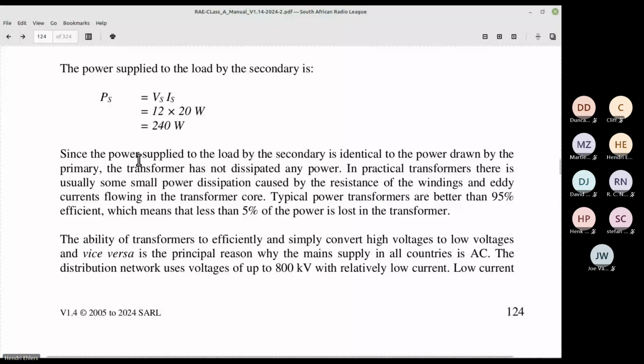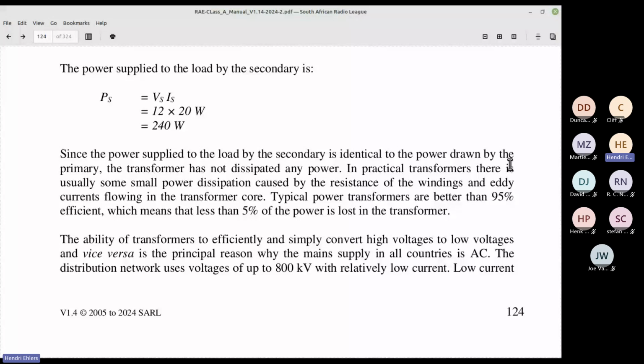Since the power supplied to the load by the secondary is identical to the power drawn by the primary, the transformer has not dissipated any power. In practical transformers, there's usually some small power dissipation caused by resistance of the windings and eddy currents.